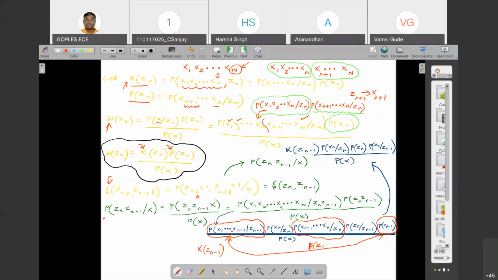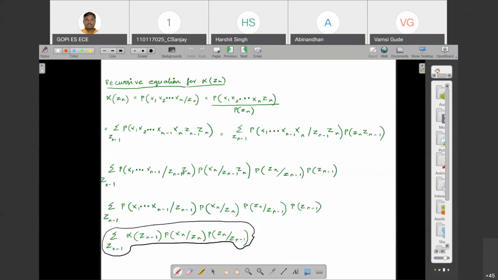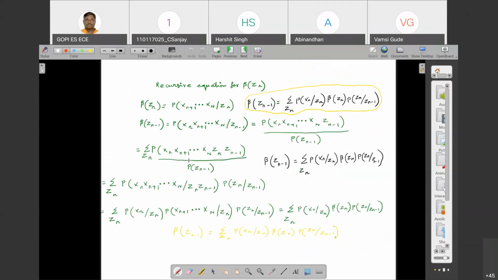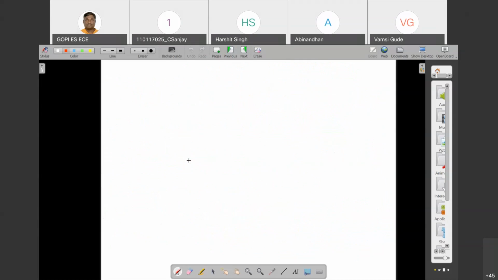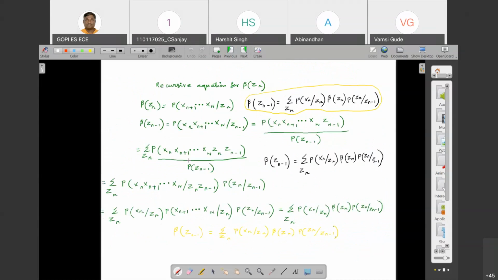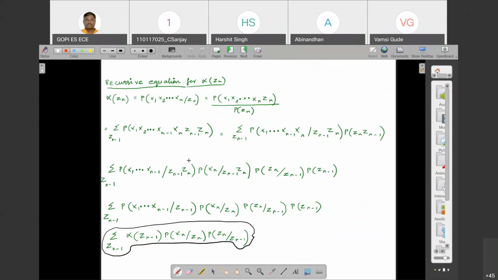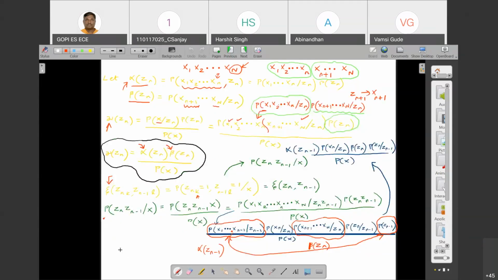So what I'm doing now is trying to write this whole expression in terms of alpha and beta. That step I have not written explicitly; you can write it yourself, it's not difficult.